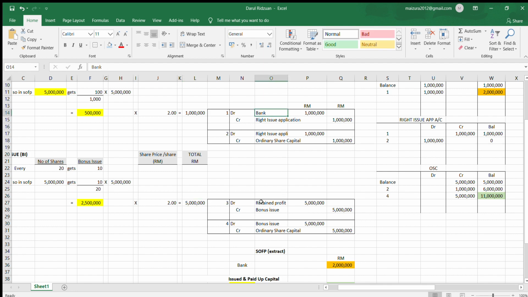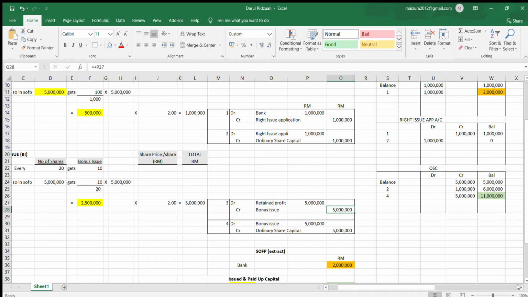But this is taking from the company's retained profit. Remember, this is in terms of the company's books. So because the company is giving out the bonus from its retained profit, it would be debit to retained profit and credit to bonus issue account.